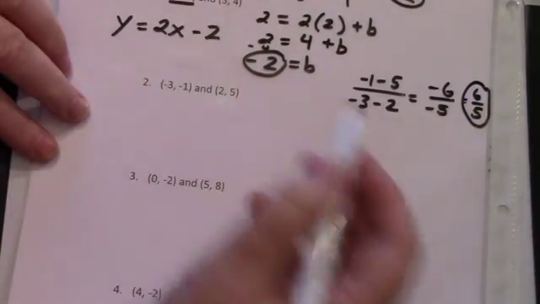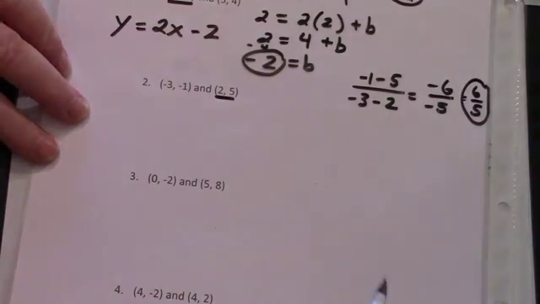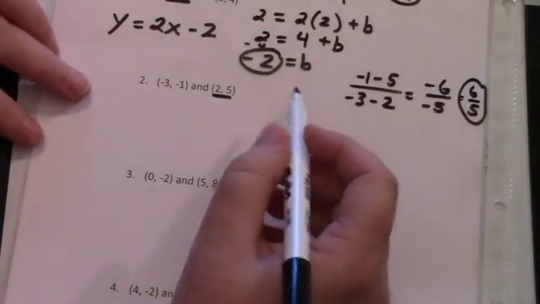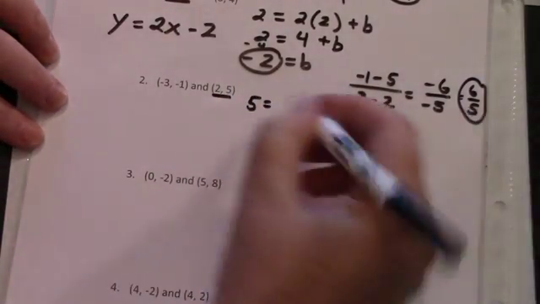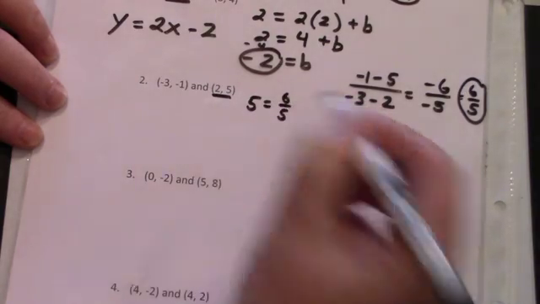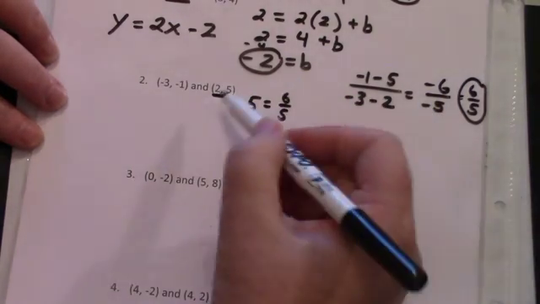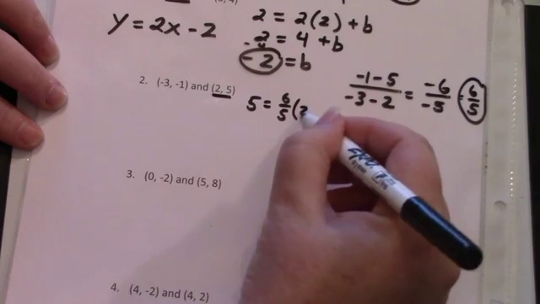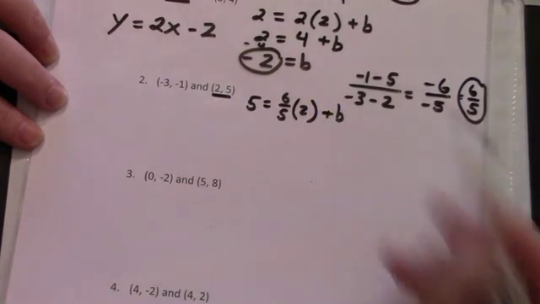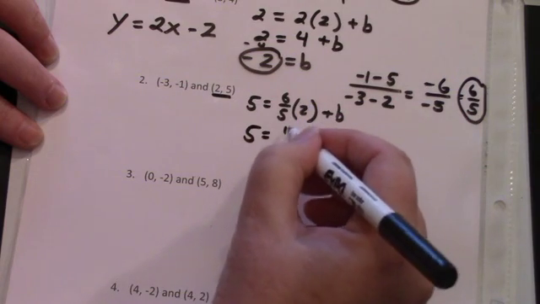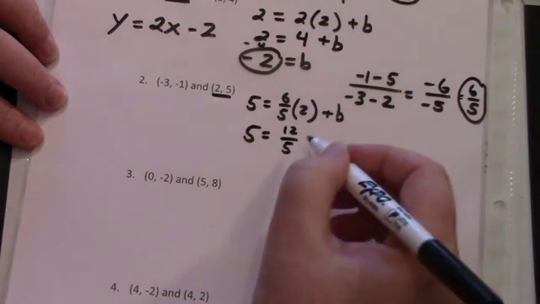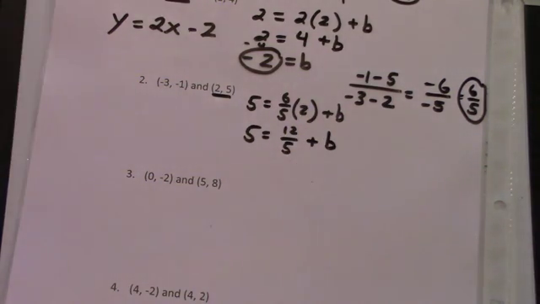Now let's substitute in. Again, it doesn't matter which coordinate you choose, and let's go with positive numbers. Y is 5. M is 6/5. X is 2. And we're going to solve for b. 5 equals, this becomes 12/5 plus b.